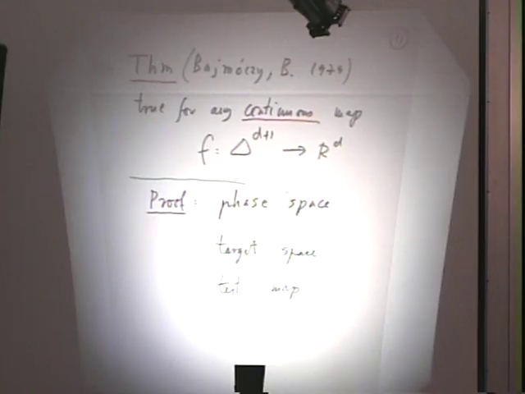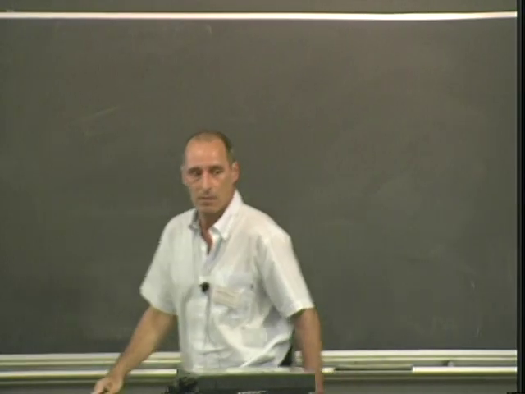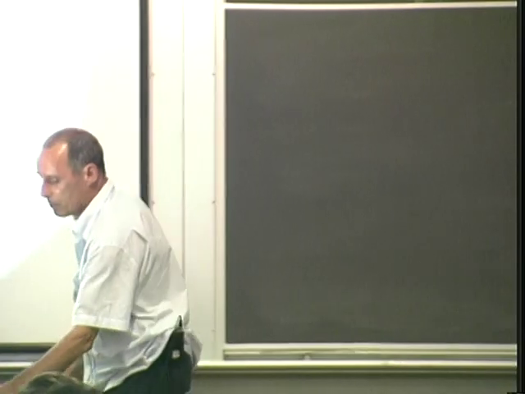Now, on this example, I want to explain the method that is used here. The method goes with what you call phase space, test map and target space, which are just words, but useful words to explain a very natural thing. So what is the phase space?